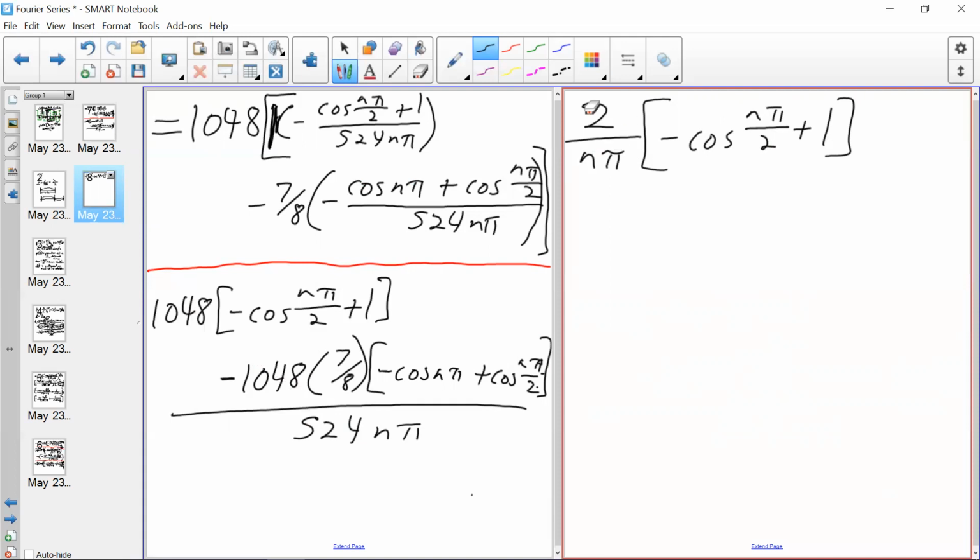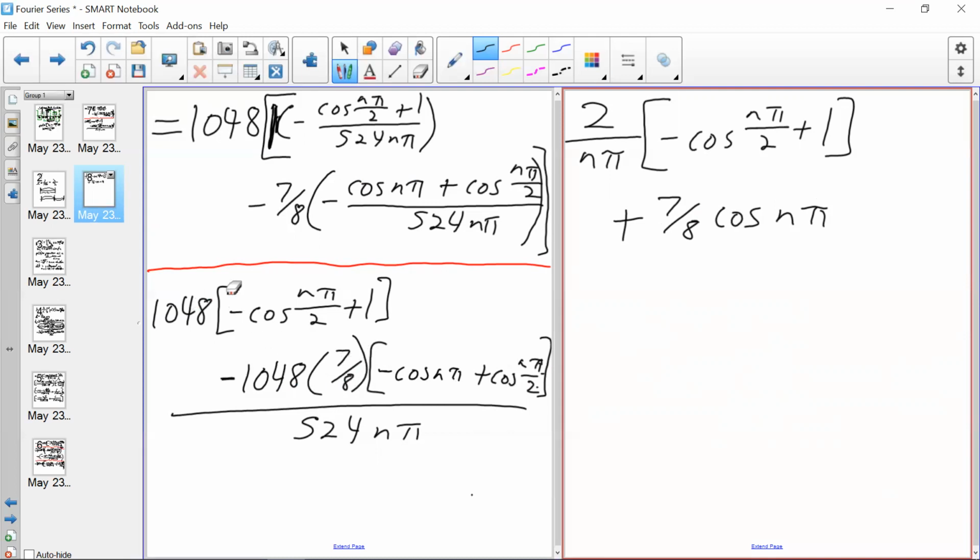They've been factored out as this 2 over n pi. So what I'm left with is a positive 7/8. So I'm just going to write it here. So plus 7/8 cosine n pi. And then because it's minus minus, this is positive.